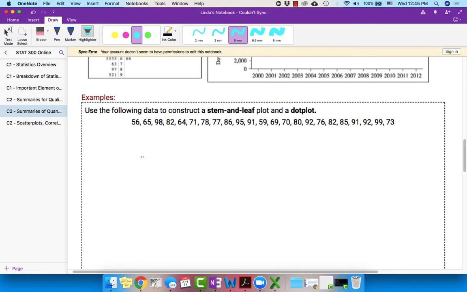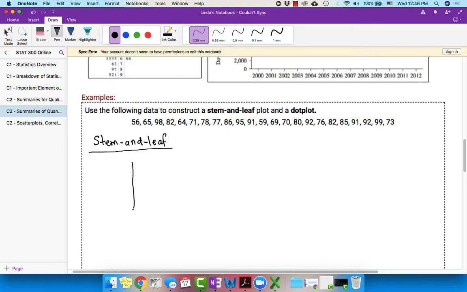So, for this data, it seems that we have 5, 6, 7, 8, 9 as stems. So begin by drawing a line straight down. Then write 5, 6, 7, 8, 9 on the left of the line.